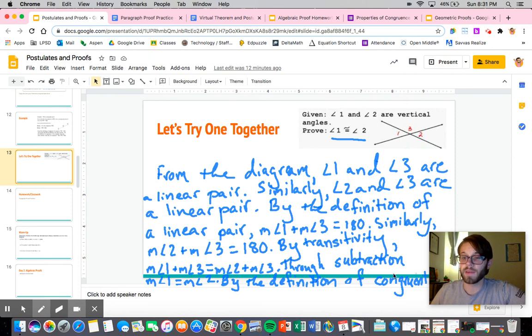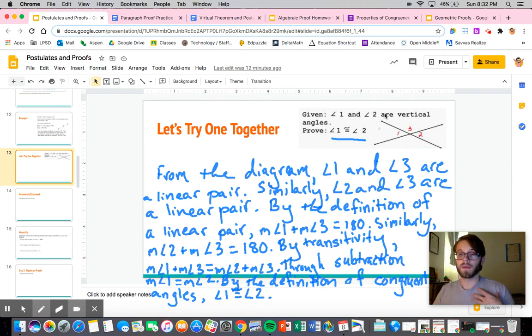I'll say by the definition of congruent angles. You can say what things you're calling congruent. You could have just said congruent. I would have accepted that. I understand what you meant. By the definition of congruent angles, angle 1 is congruent to angle 2, right? So what did I just end with? I ended with what I was trying to prove.